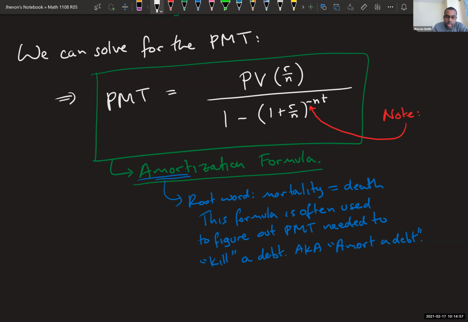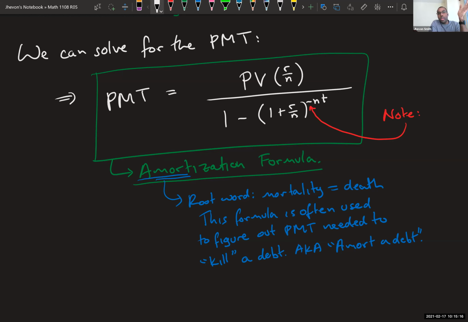So there are times when you can use this formula for your own purposes as a consumer. We'll cover examples like that next class. But a lot of the times what you want to realize is that this is the formula used against you. So oftentimes it's used by lenders against you.